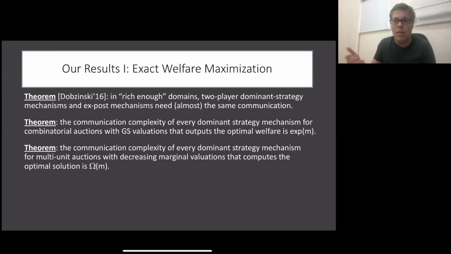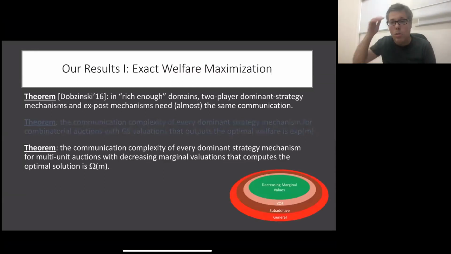This is going to be an algorithmic way to convert an ex-post implementation into a dominant strategy one without blowing up the communication complexity too much.